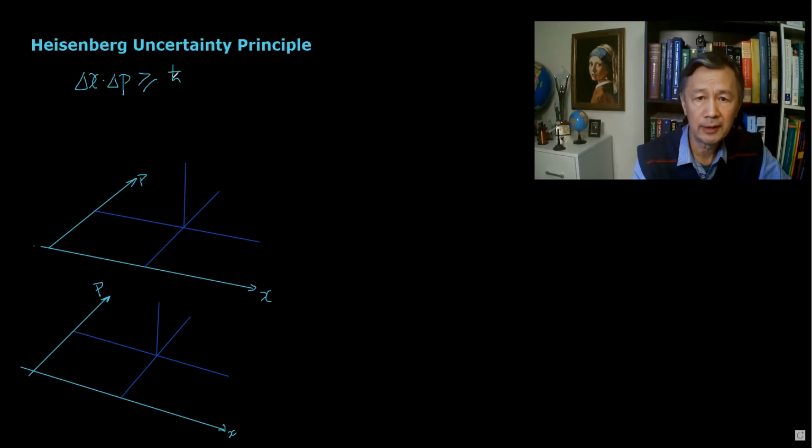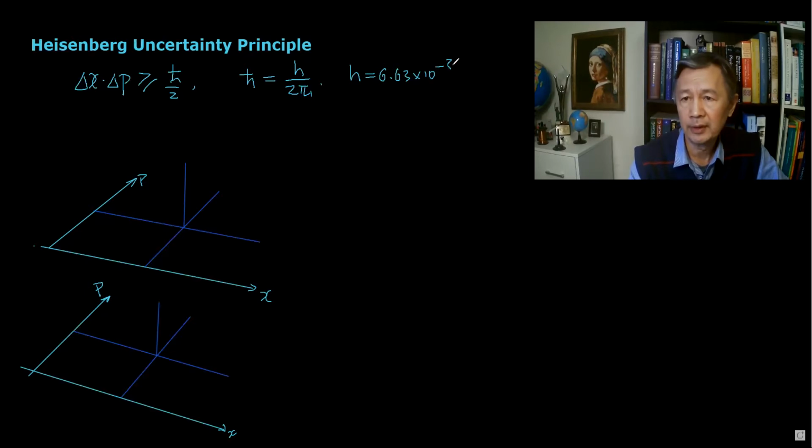This positive constant is very small because h bar here represents the ratio of the Planck constant divided by 2 pi. And the Planck constant is a very small positive constant, 6.63 multiplied by 10 to the power of negative 34 in the international system.